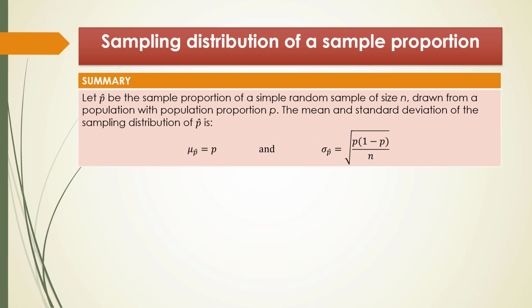Summary. Let p hat be the sample proportion of a single random sample of size n drawn from a population with population proportion p. The mean and the standard deviation of the sampling distribution of p hat are: mu of p hat is p, and sigma of p hat is the square root of p times 1 minus p, divided by n.